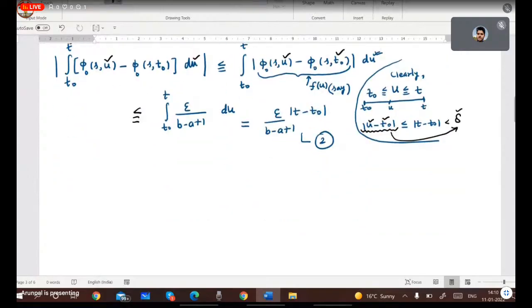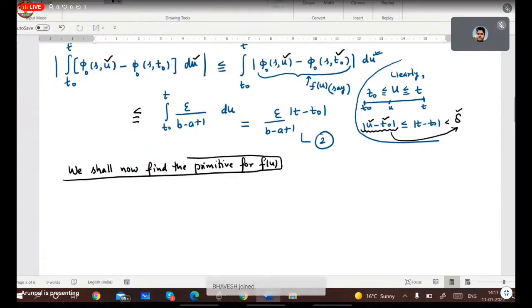We shall now find, or locate, the primitive for f of u. I am writing this just to make you understand what I am going to do now.